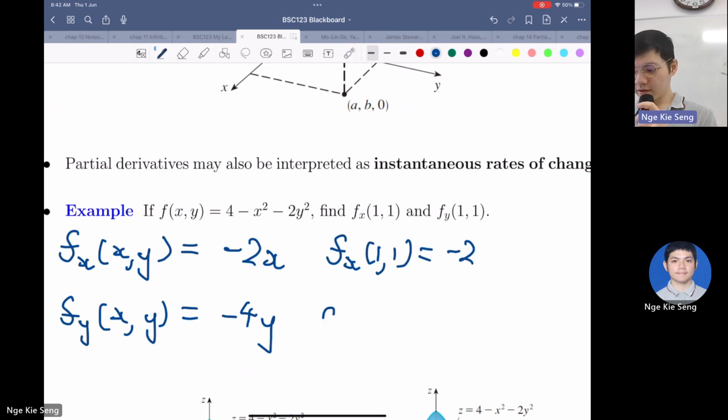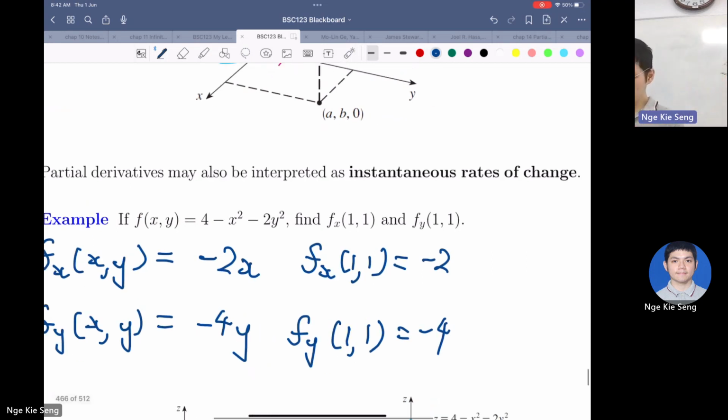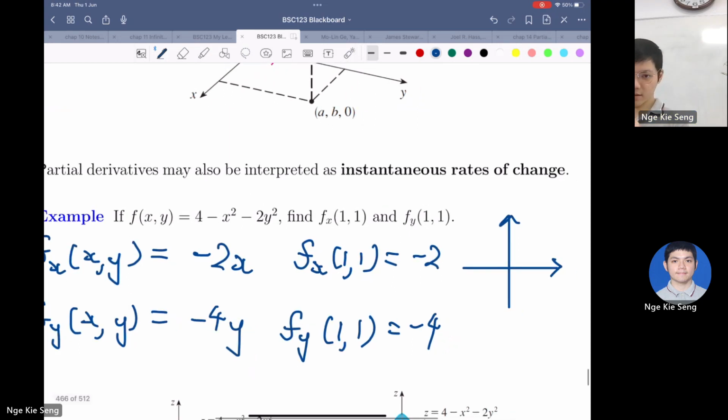Evaluate at (1, 1), what do you get? Negative 2 for the first one, negative 4 for the second one. Very good. So what are these slopes actually? Let's draw out the slope of the tangent line. The first one is z with respect to x, and the slope is negative 2.